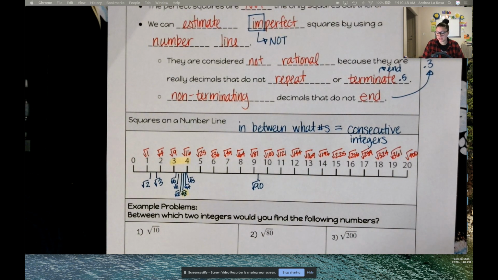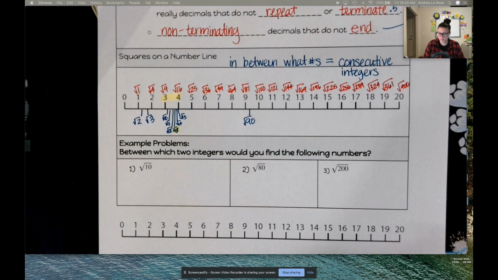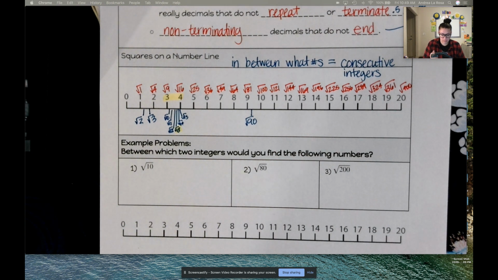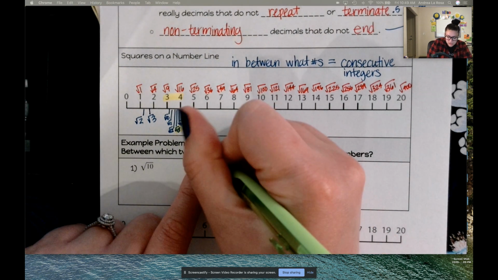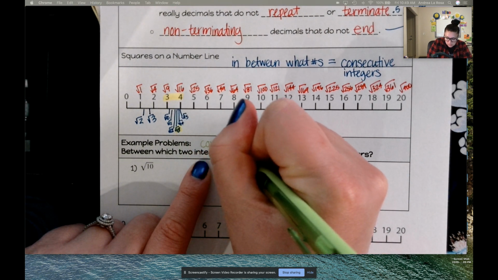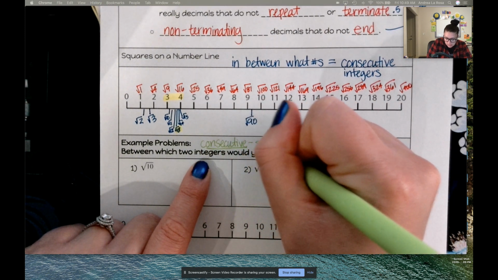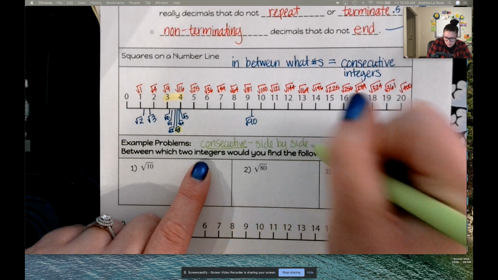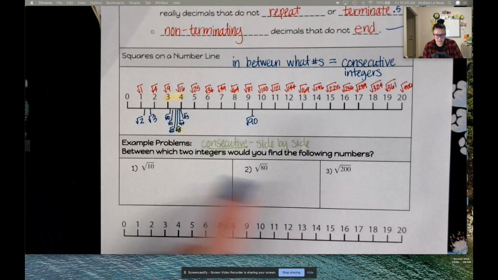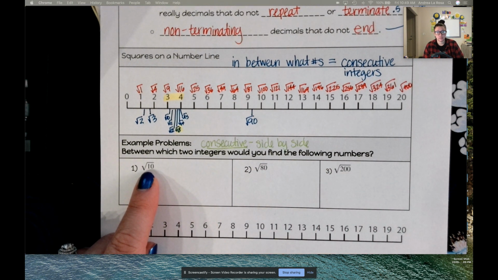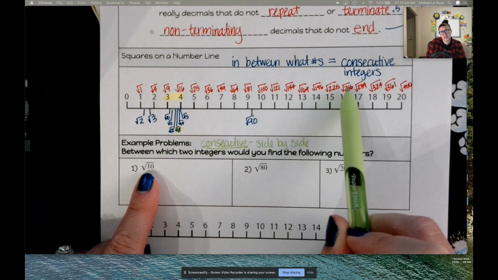We're going to do a few of these examples together, and then we're going to talk about it when we've got our calculator. So, our first number, the square root of 10, between which two integers? Remember, we're usually going to see that word consecutive. Again, consecutive means side by side. Between which two consecutive integers would you find the following numbers? So the square root of 10. Again, we have to use what we know about square roots to figure out where 10 is going to be.